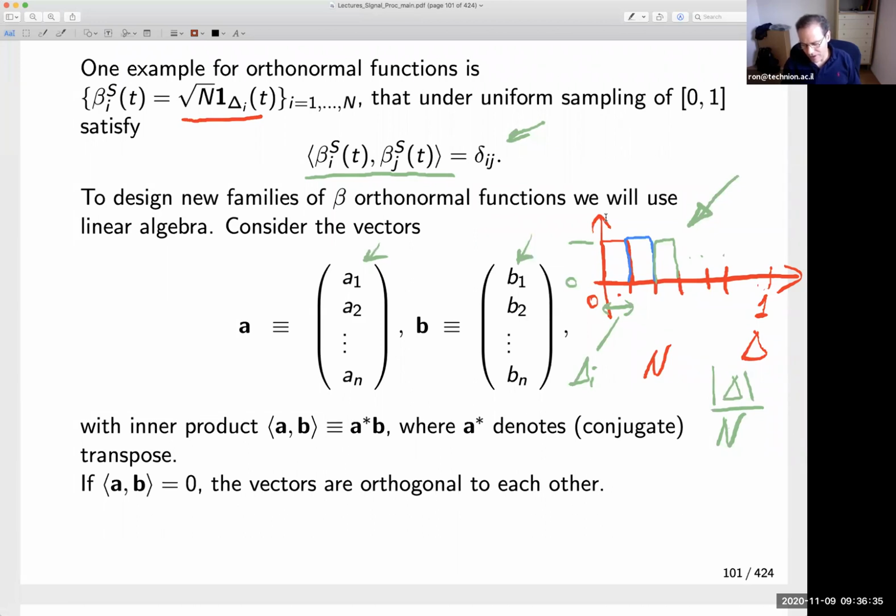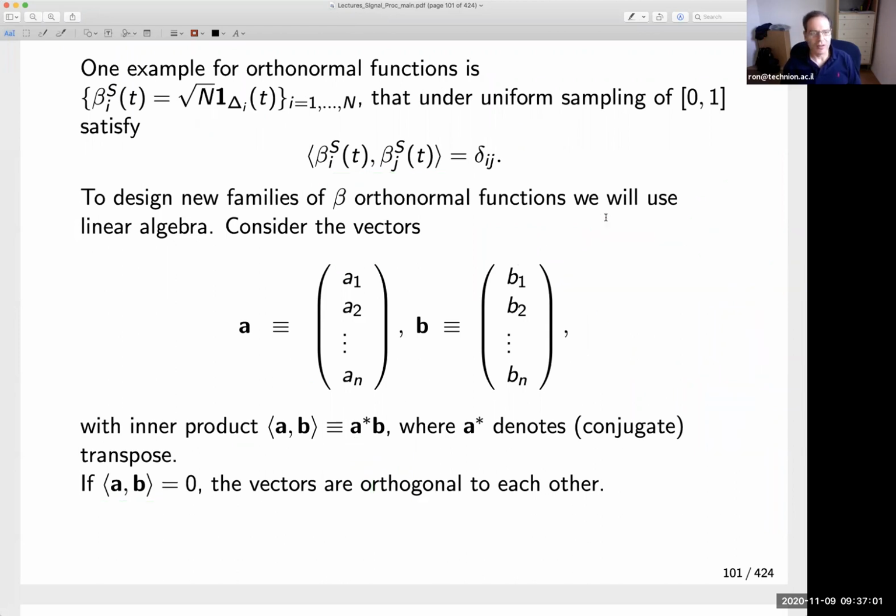Now the inner product is defined as the transpose of A, which means writing A like that, and if A has complex numbers, also conjugating them, and then multiplying by B. Okay, so this is the inner product of two vectors. If the inner product is equal to 0, then we say that the two vectors are orthogonal. This is just a reminder of something that you should have learned in algebra.